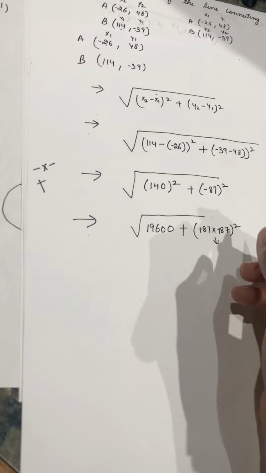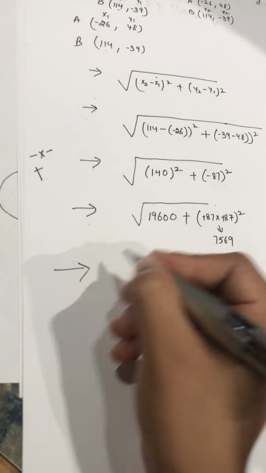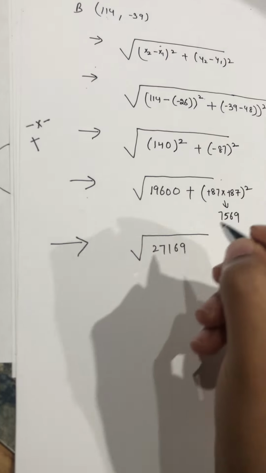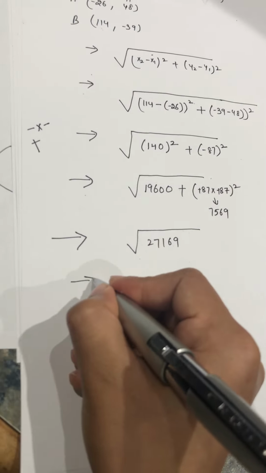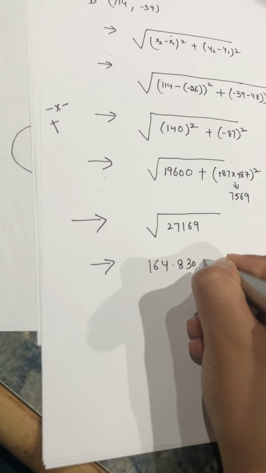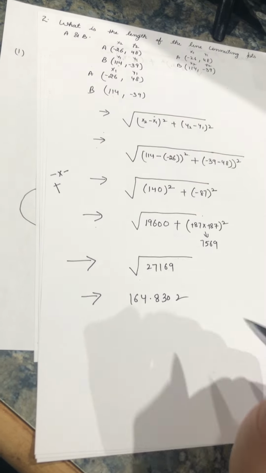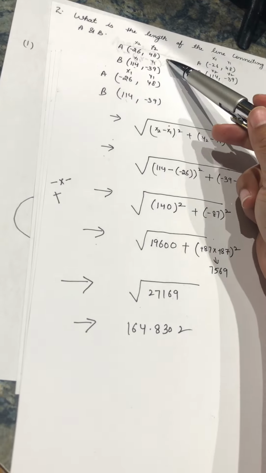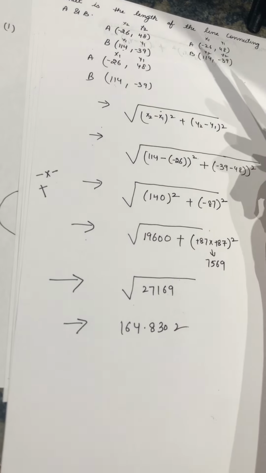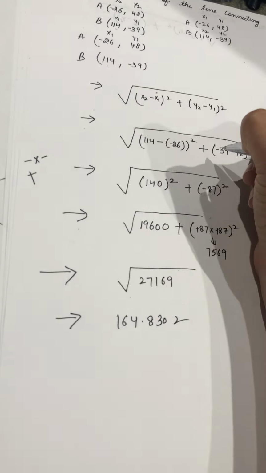This will be 7569, all together 27169, and then the answer is the same. There you go. So no confusion in the mind. You can suppose either this x2 or this x2. The answer is going to be the same, but this is only for this distance method.